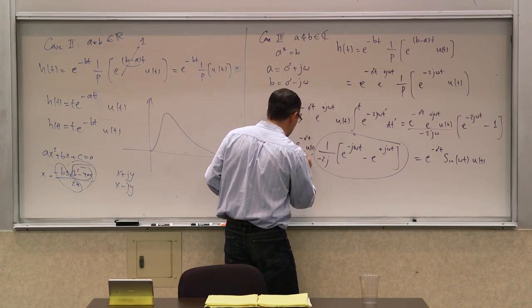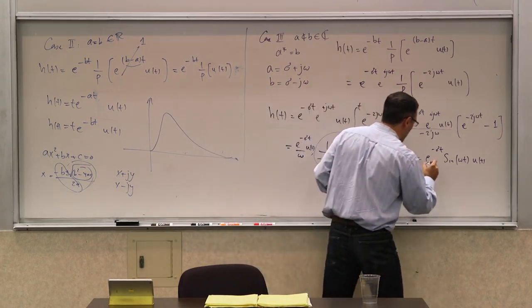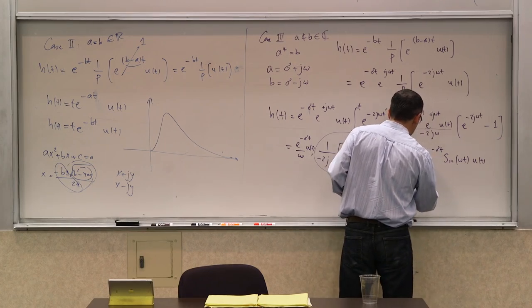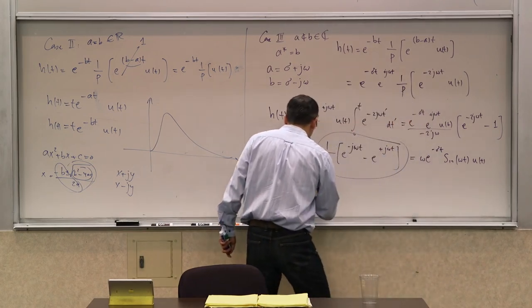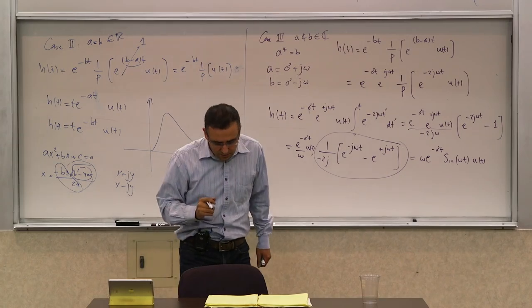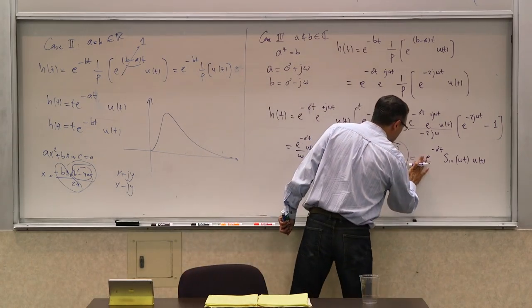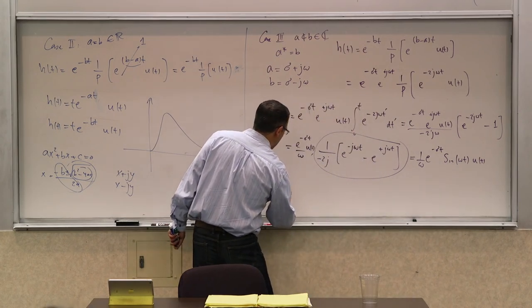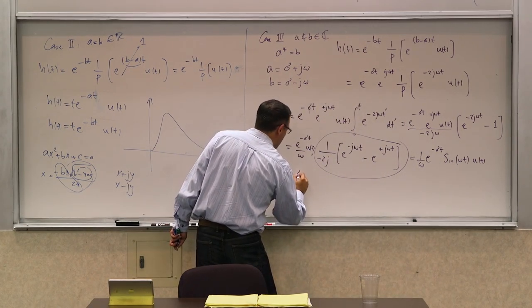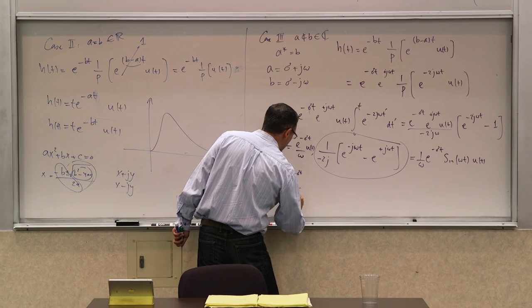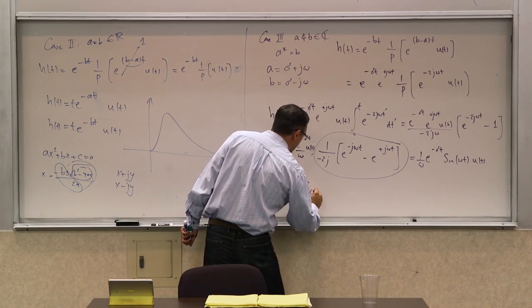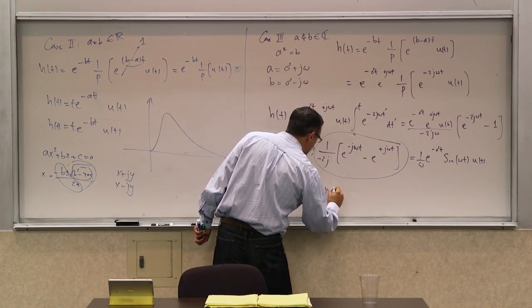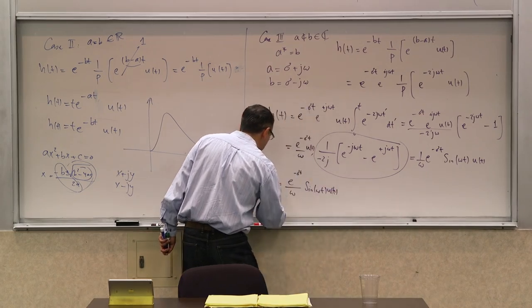Omega is still here. I just need the 2j. So what I get is 1 over omega. Sorry. So I get e to the negative sigma t over omega sine of omega t u of t. That's the impulse response.